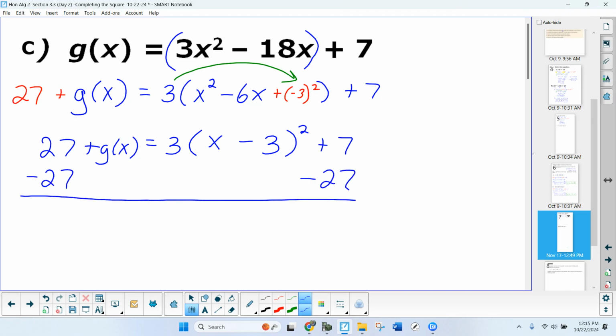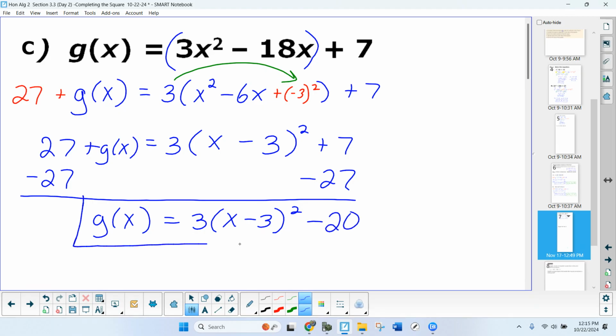And when you do, you get g of x equals 3 times x minus 3 squared minus what? Is that vertex form? What's the 3 out front going to make it do? Vertical stretch. The minus 3, right 3, down 20. What's the vertex? 3, negative 20.